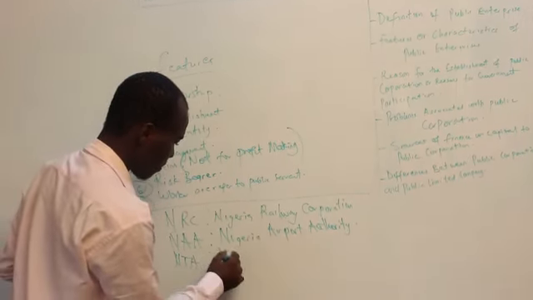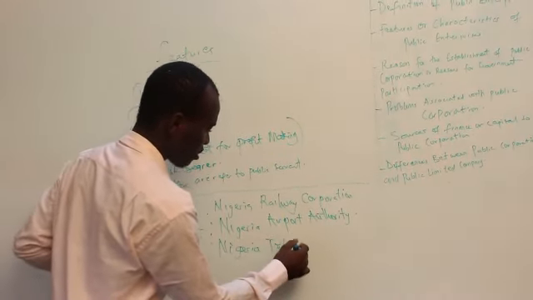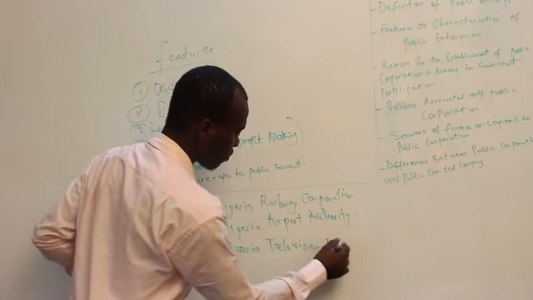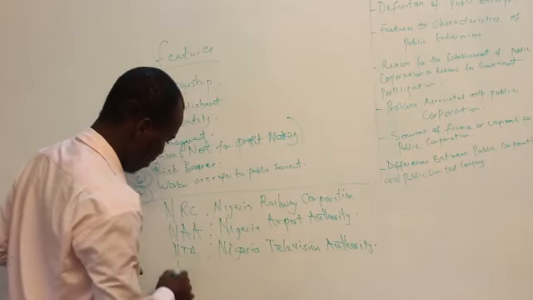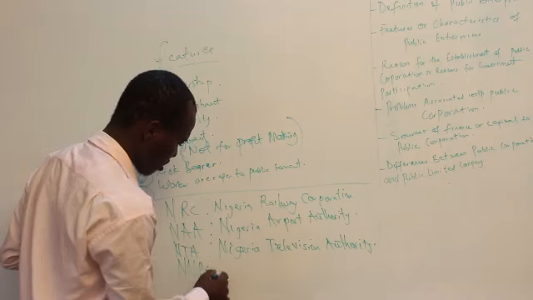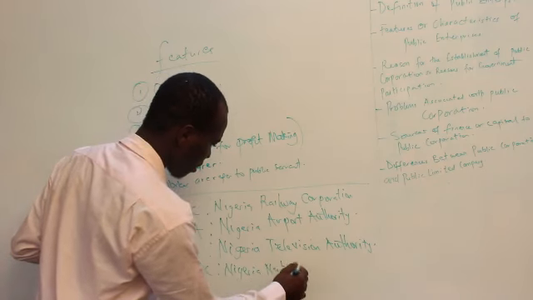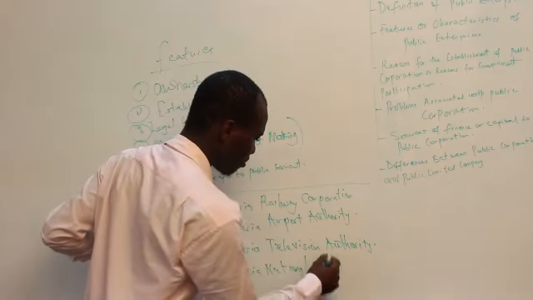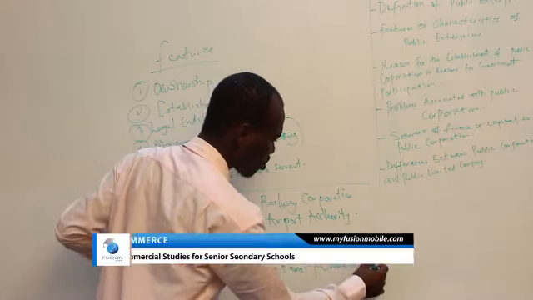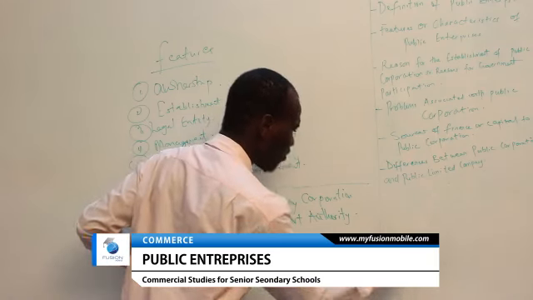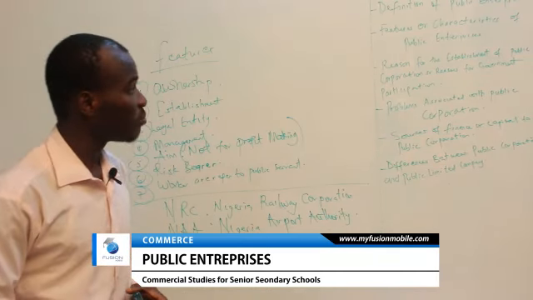We have the Nigeria Television Authority. We have NNPC, the Nigeria National Petroleum Corporation. So we have a lot of them in the country, which are responsible for providing public services to the people.